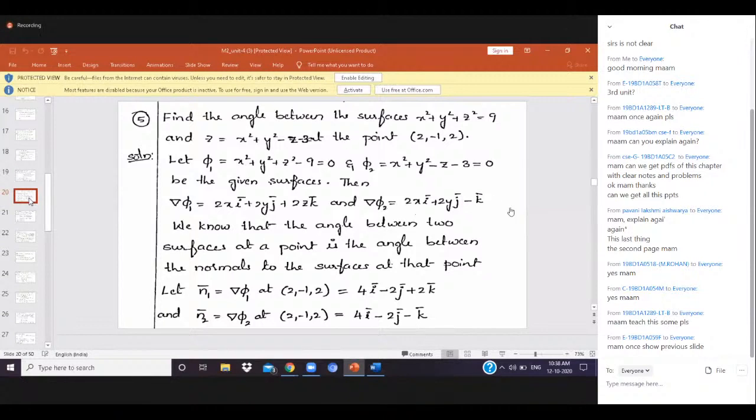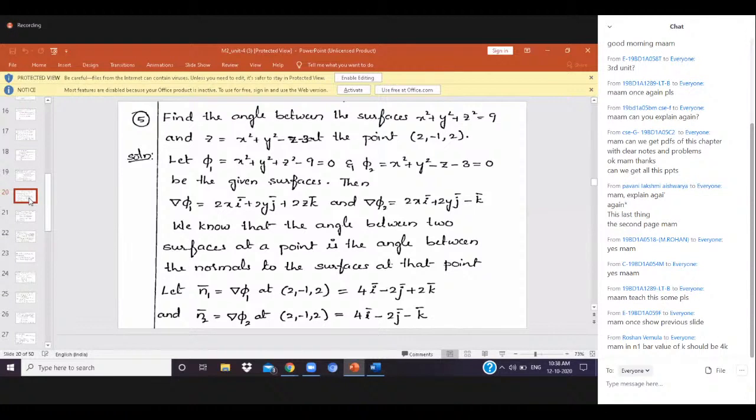So considering phi 1 as x square plus y square plus z square minus 9 equal to 0, and phi 2 as x square plus y square minus z minus 3 equal to 0, for this we are calculating grad phi 1 and grad phi 2, that is del phi 1 and del phi 2 at the point 2 comma minus 1 comma 2. So directly we got n1 bar and n2 bar.